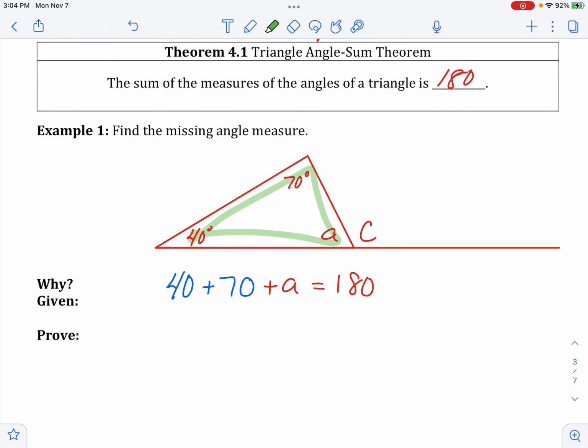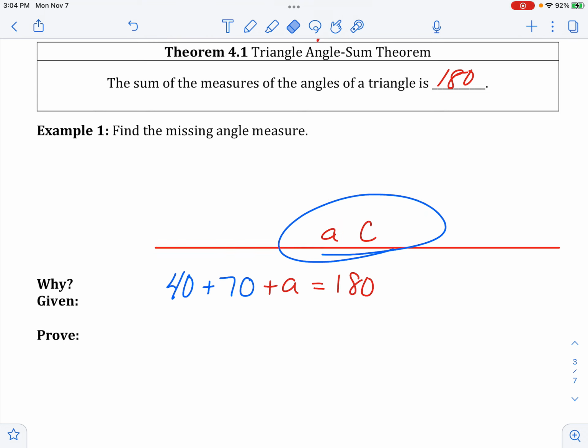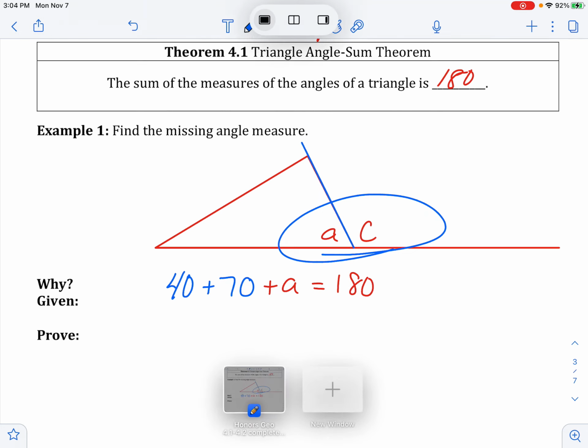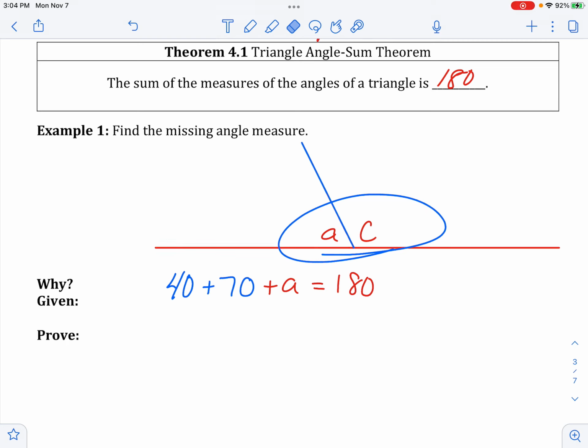So if I add up these three angles in a triangle, I get 180. That's pretty standard. But what do you notice about angle A and angle C? What's going on? What do you notice about angle A and angle C? I'm going to look at my angle pair.